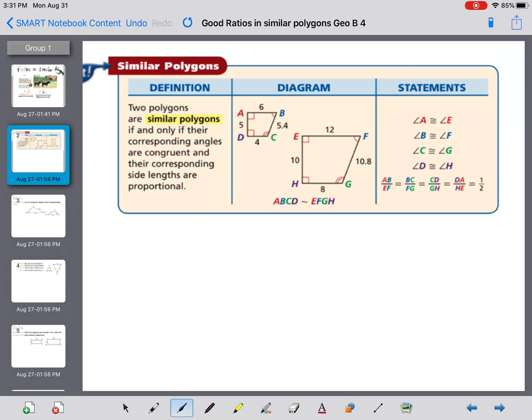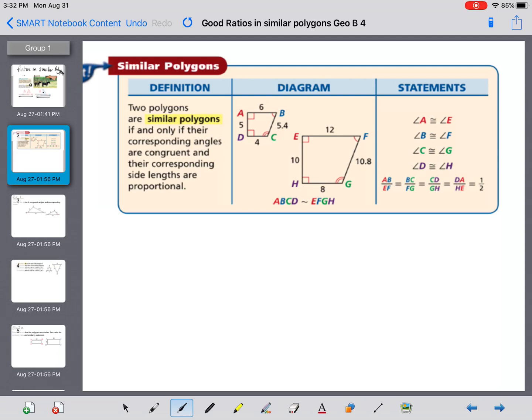In order for two polygons to be similar, the corresponding angles have to be congruent, and the corresponding side lengths have to be proportional. In this example, we have two quadrilaterals where all the corresponding angles are congruent and the ratios are proportionate.